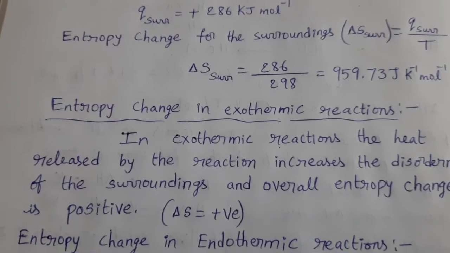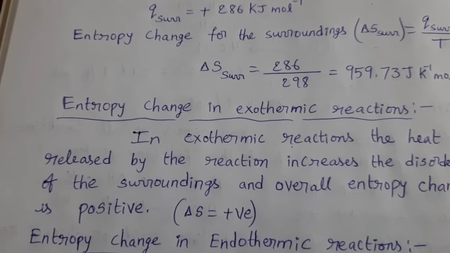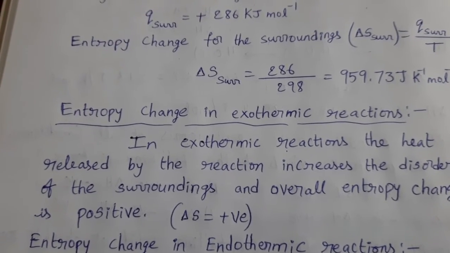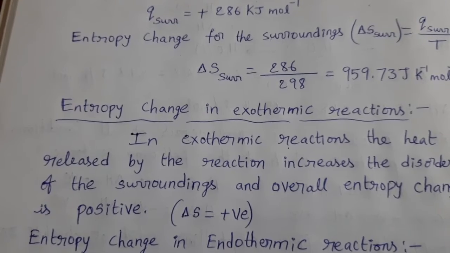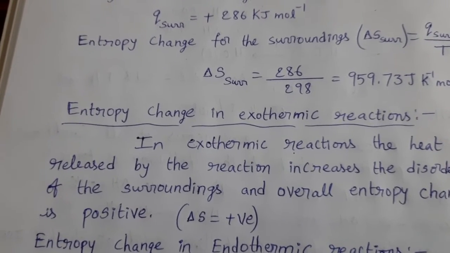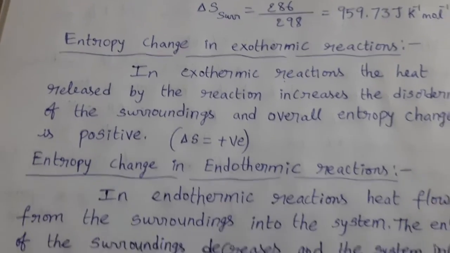So delta S total, the total entropy change, means entropy change of system plus entropy change of surroundings. Here the entropy change of the surroundings increases, so delta S total will be positive.